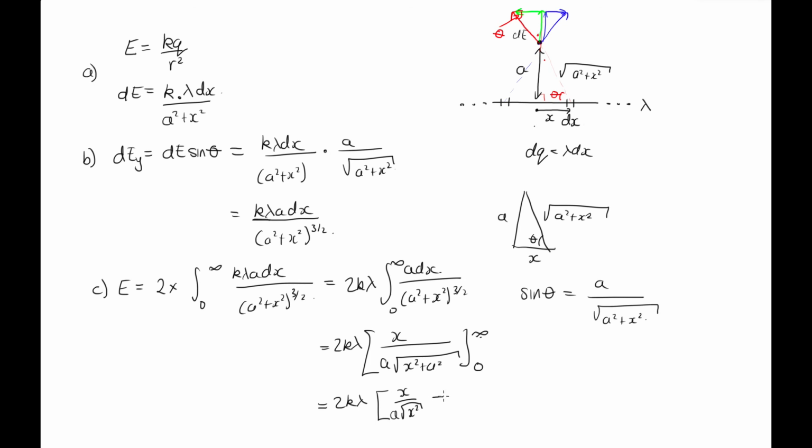And then we've got minus, we substitute 0 in here and we've got 0. So you can see x, and then we're dividing by the square root of x squared. So those will cancel each other out, and we end up with 2k lambda over a. So that's our expression for the electric field, and we can see from the diagram here that this is going vertically upwards.